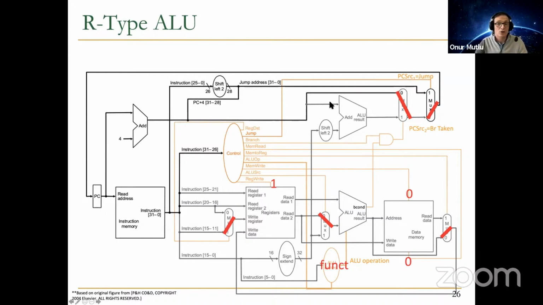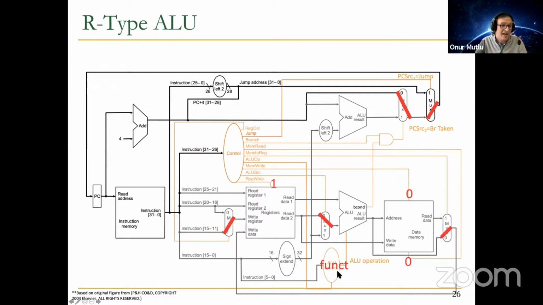Let's take a look. For branching, we should take PC equals PC plus 4. And we should set the control signals such that PC plus 4 flows into the PC. The destination register ID should be bits 15 through 11. We are writing to a register because it's an R-type ALU. We have 2 register sources, so the second input of the ALU should come from the register file.